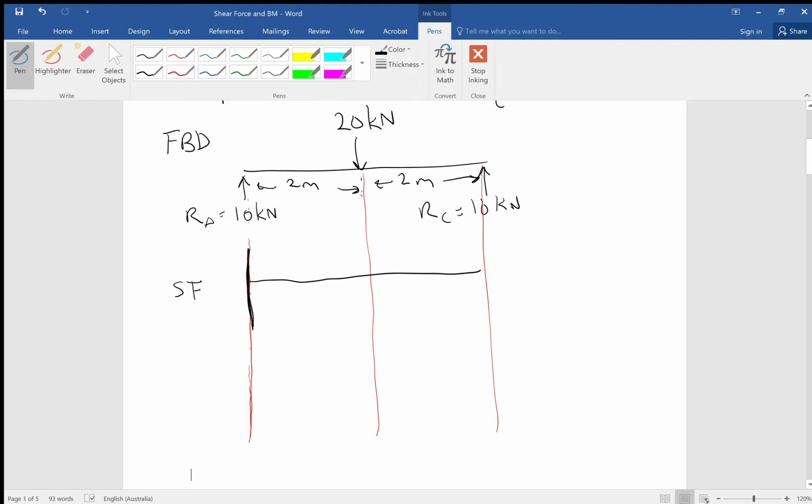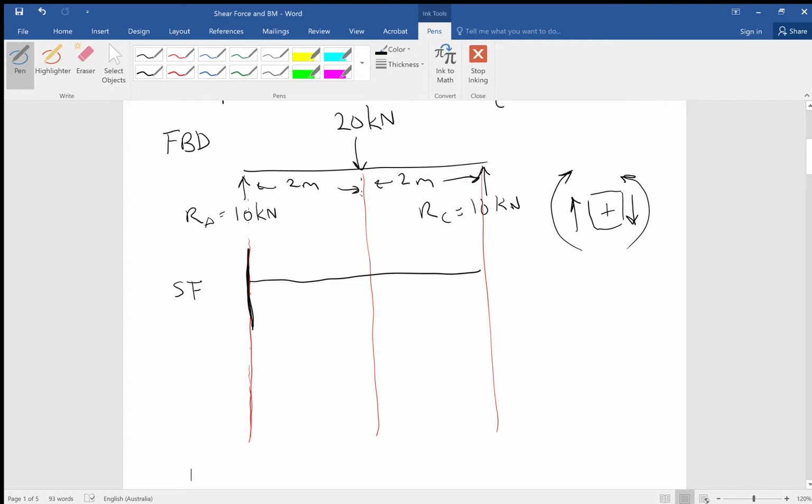And I know that you're going to be saying to yourself, well, how do I know which side is positive and which side is negative and whether I go right or to the left? All you need to remember is, like we've said in previous videos with our sign convention, if the forces are rotating the object in a clockwise direction, we're looking at a positive situation.